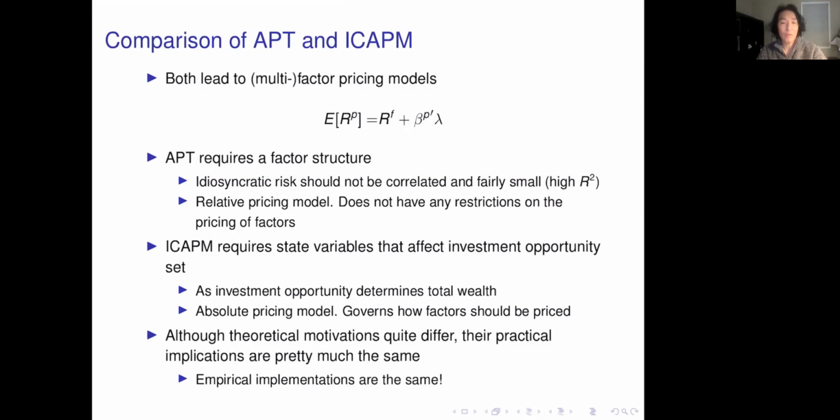It governs how factors should be priced. But in practice, the distinction between the two is not very large, because even though the theoretical motivations are quite different, in practice, how they are used is pretty much the same.